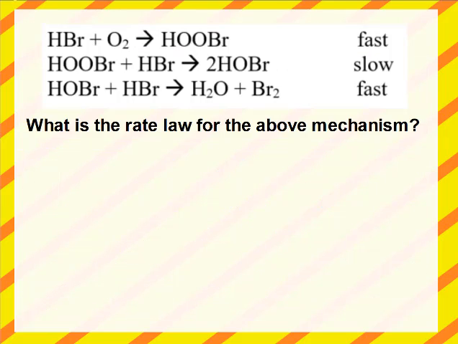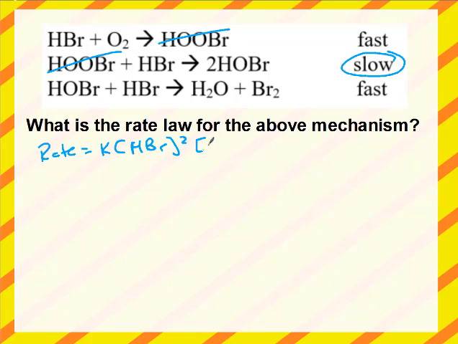Here's one more. So what is the rate law for this above mechanism? So we'll do it the long way and the short way. So that was your slow step. So cancel, cancel. So that's my answer. I have HBr squared times O2.